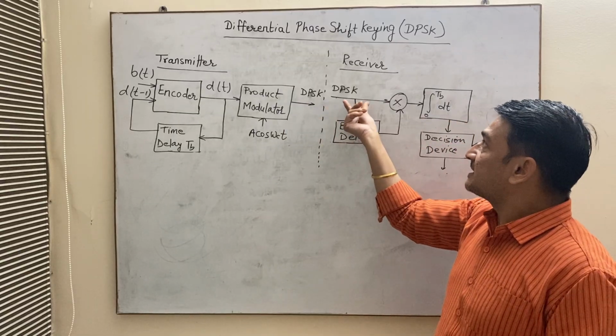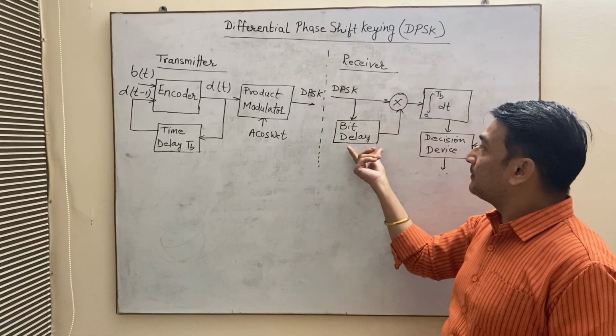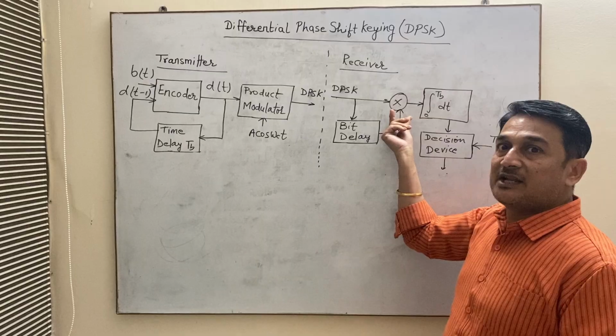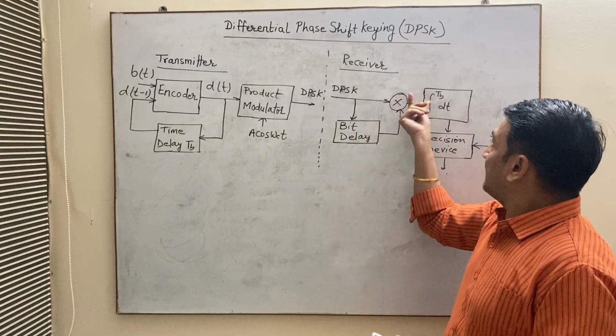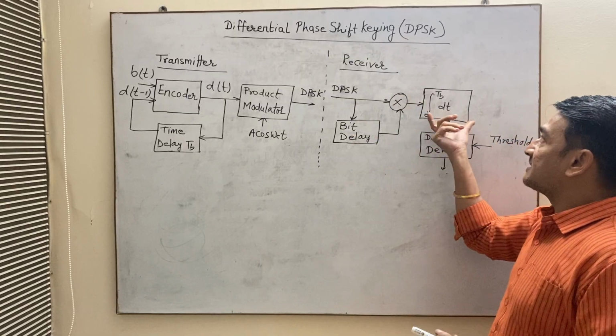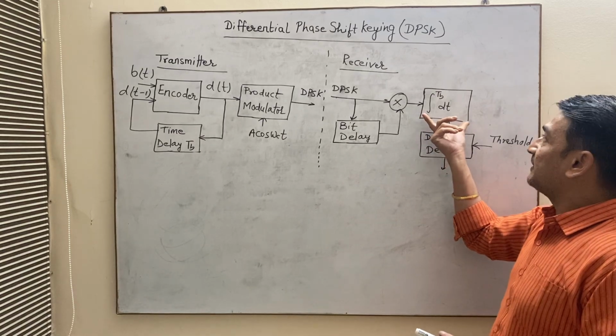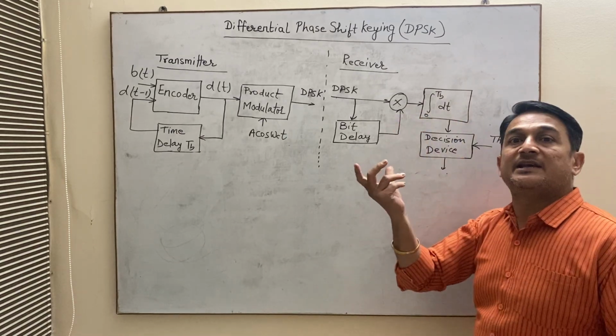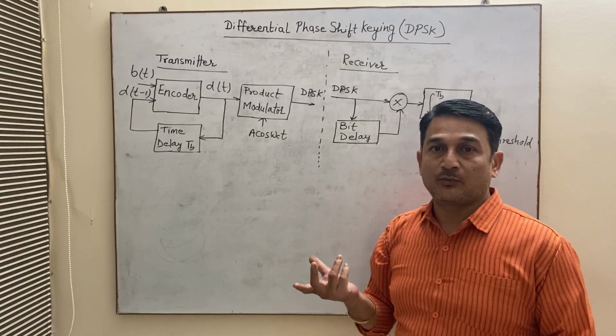Then this DPSK signal at the receiving end is given with a 1-bit delay to this multiplier circuit, and the output of this multiplier is given to this low pass filter, which eliminates the high frequency components.